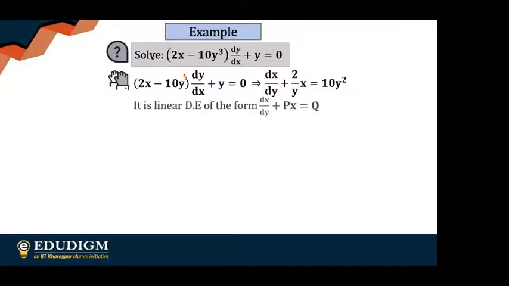Now, if you look at the form here, it has a structural similarity to the previous one. You have dx dy, you have p into x and q. So initially it was dy dx plus p into y equals q. Fair enough. There p and q were functions of x.